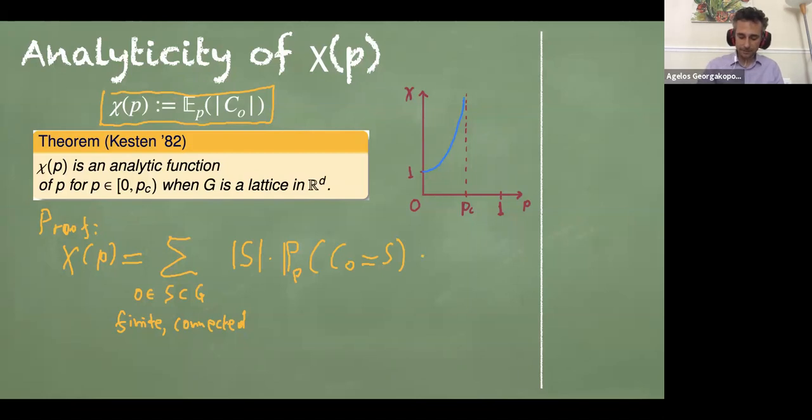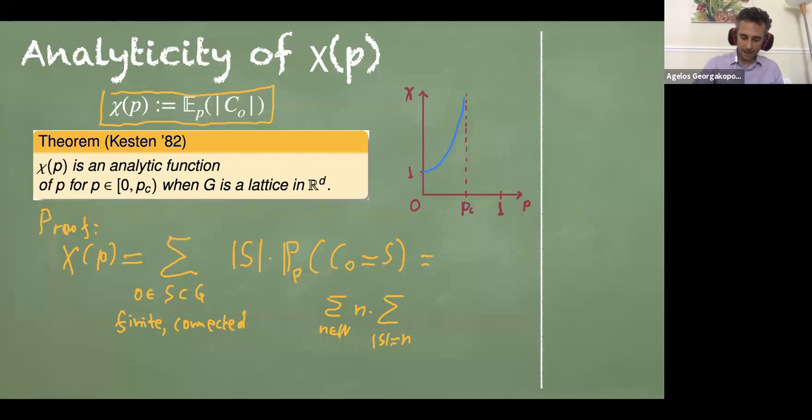And for my convenience, I'm going to reorganize this sum by the size of S. I'm going to decompose this sum as follows. S is as before, but it's now forced to have size n. So instead of this S here, I'm going to put this value n there.